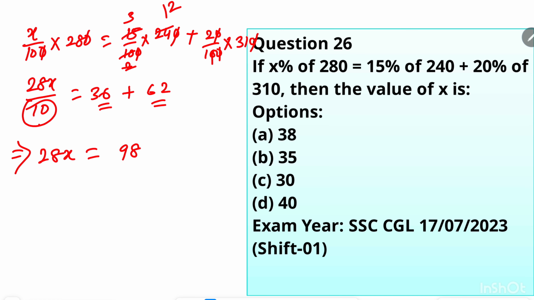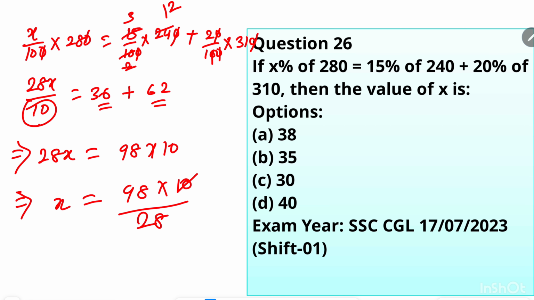This side it will come here and become multiplication, right? If you try to find the value of x, 98 into 10 divided by 28. Further you can divide by 2 on each side. 5 it will be 5, and here it will be 14.